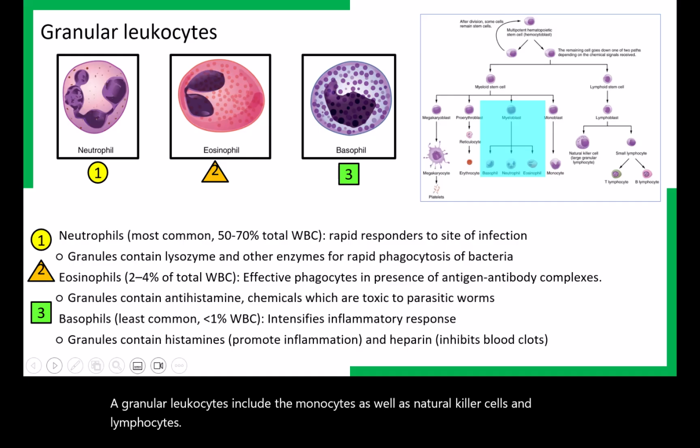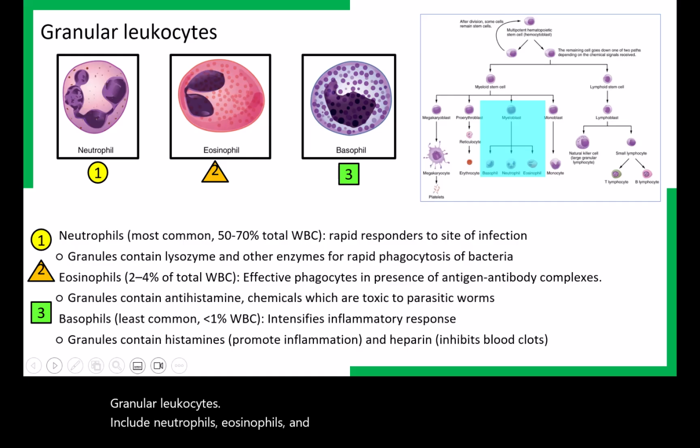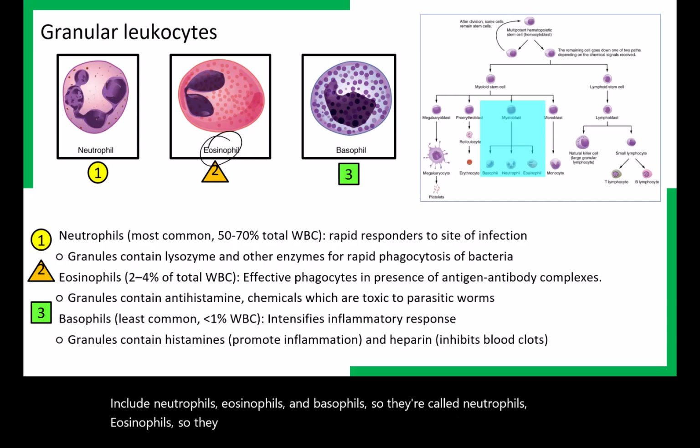Granular leukocytes include neutrophils, eosinophils, and basophils. So they're called neutrophils, eosinophils, so they react to acid, they react to base, and this is neutral.